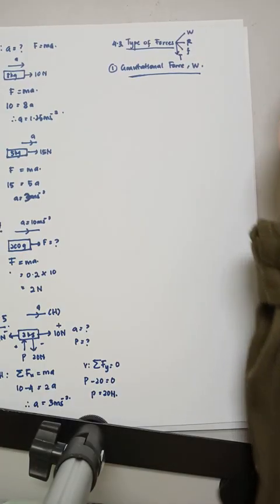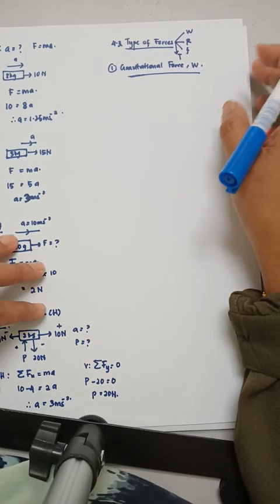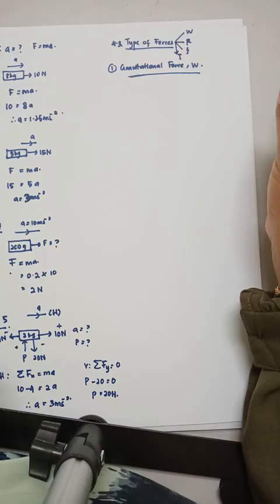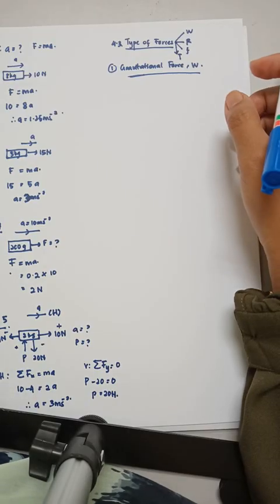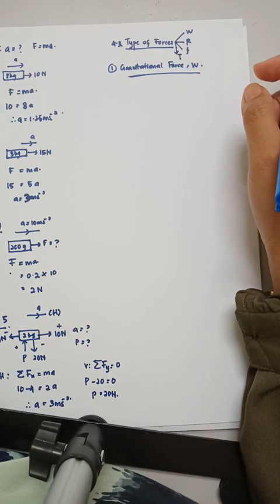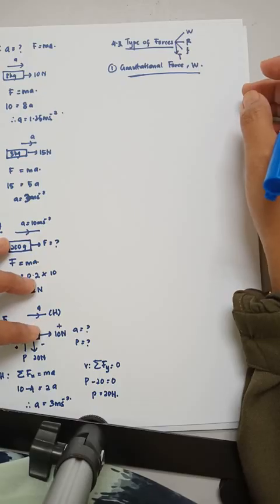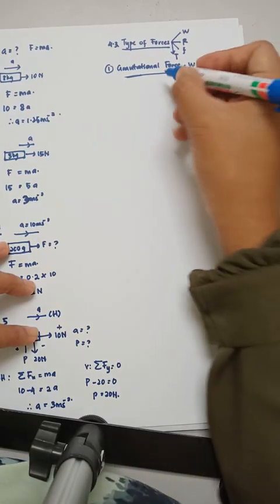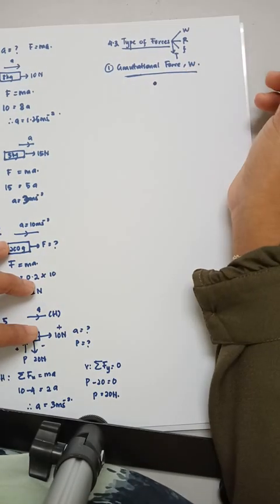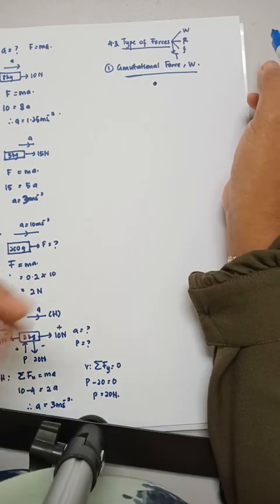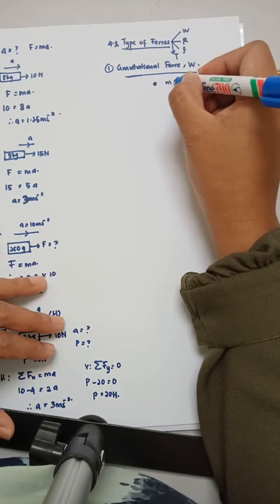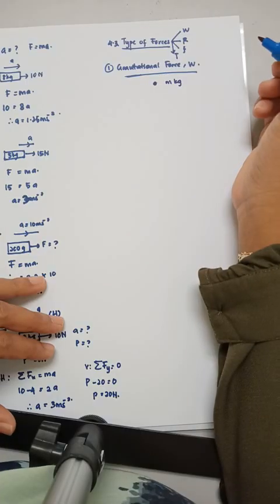So the first one is W. W is what we call the weight. The weight of an object on Earth is the gravitational force exerted on it by the Earth, given by W is equal to mg. Say you have one item with a mass of m kg.